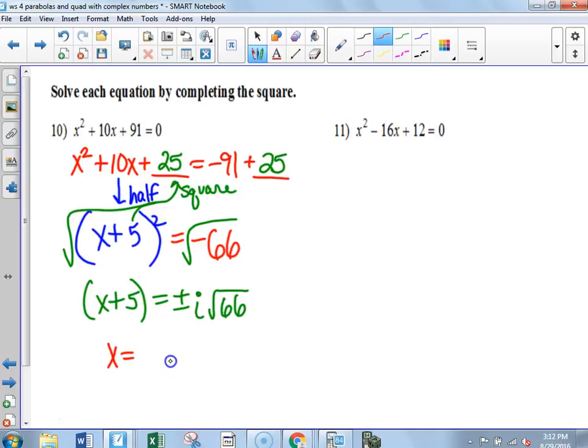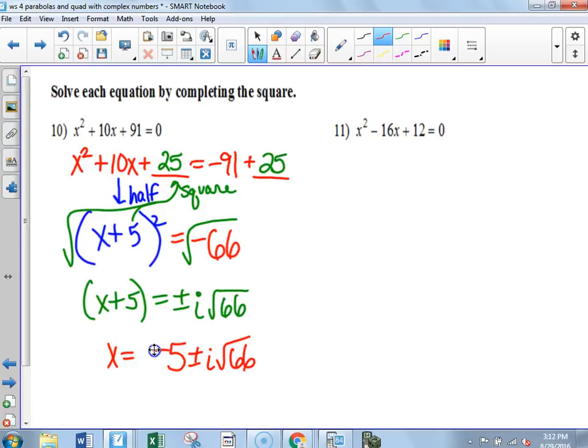Subtract 5. So how would you like me to write that? Negative 5? I heard some positive 5s, I thought, but I might have just not heard. I didn't think it was that gross. At least we didn't have to do quadratic formula and divide and reduce. No, it doesn't look nice.